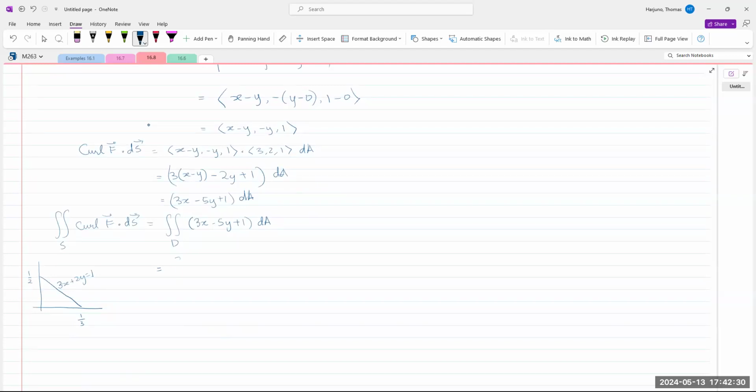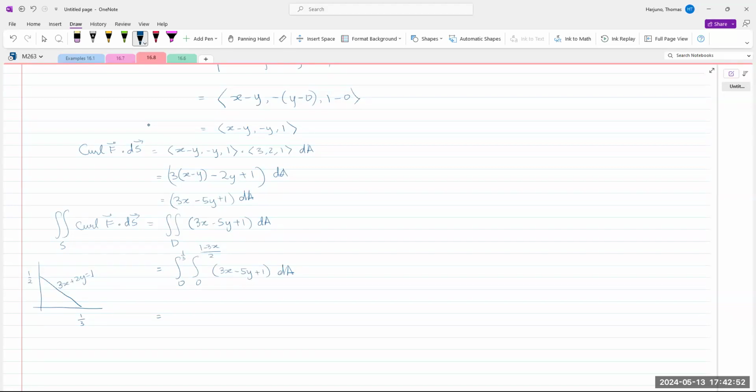So the integral from 0 to 1/3, integral from 0 to y equals (1 minus 3x) over 2 of 3x minus 5y plus 1 dA. Okay. I don't really want to integrate that one though.